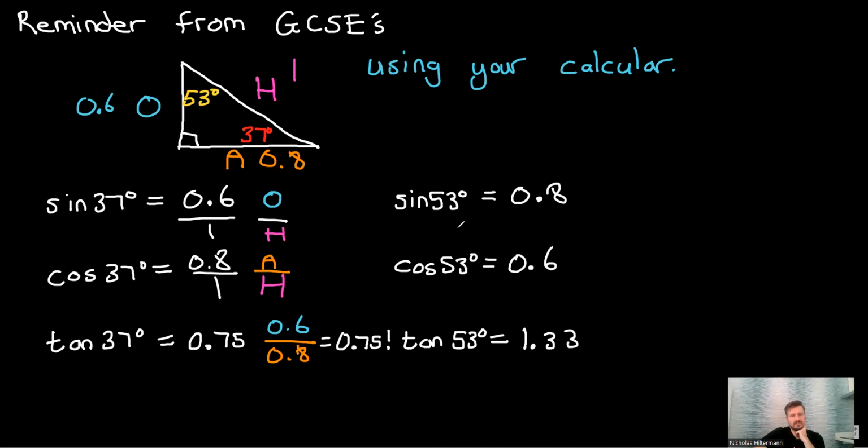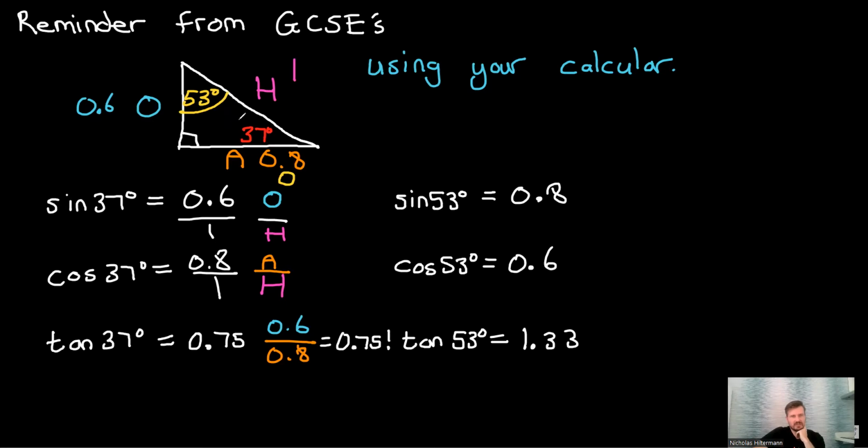And so sine 53 will give you 0.8. Do you see that when we talk about the 53, the opposite is actually the 0.8? So our opposite to the 53 is the 0.8, and so it's 0.8 over 1.